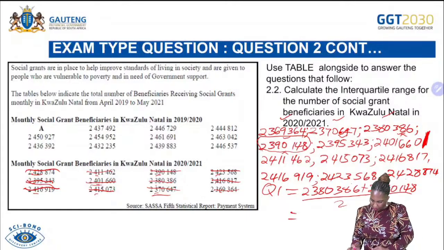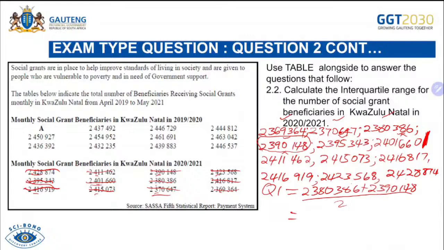Let me quickly go to my calculator. 2380386 plus 2390148. Then I get the answer, I divide it by 2, and then it will be 2385267. This is my Q1.